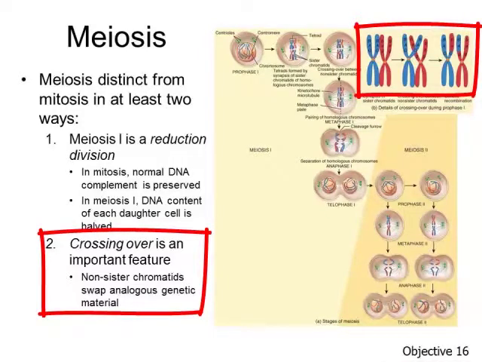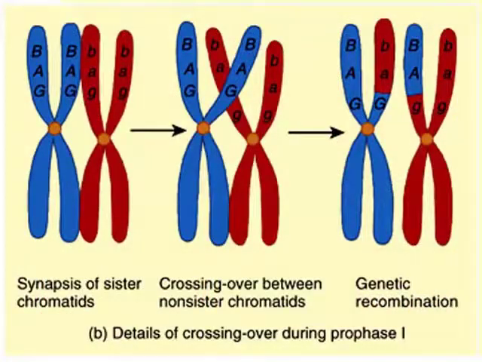The second thing about meiosis that's very important, and we're going to spend some time on this, is that crossing over is an important feature of meiosis. The non-sister chromatids can swap analogous genetic material. So you have 2 sister chromatids, which are shown here in blue, and 2 sister chromatids from the same chromosome that are shown here in red.